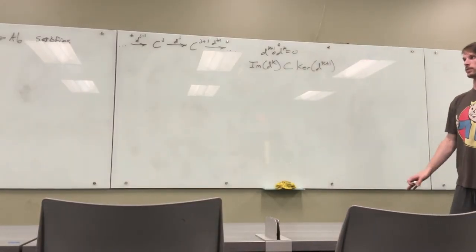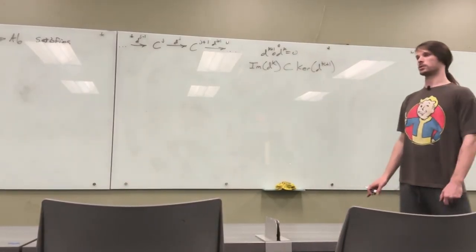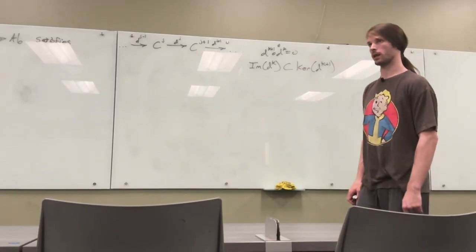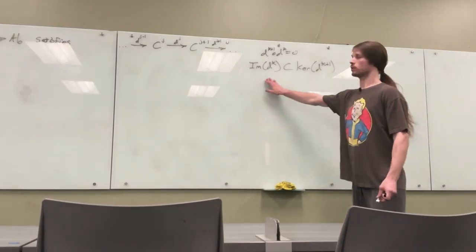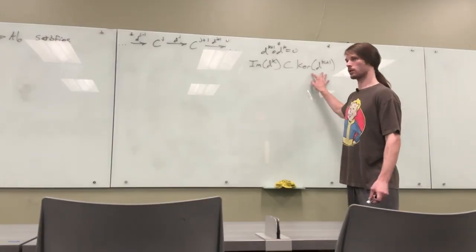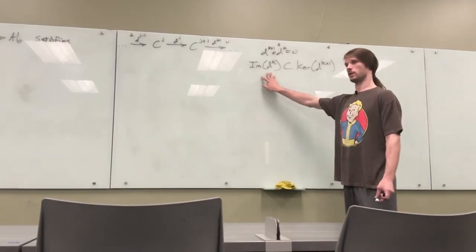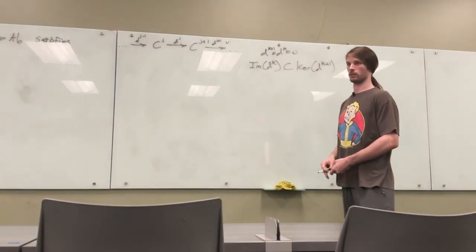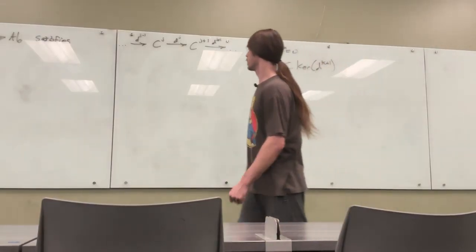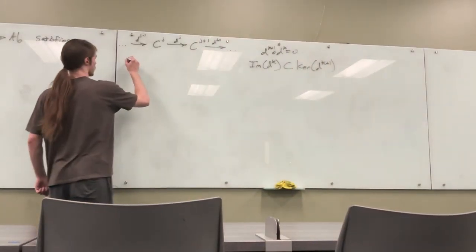Since, as we've defined it so far, all of these cochain and chain complexes take place in the category of abelian groups, that in particular means that we can always quotient this kernel by this image, because any subgroup is normal and hence something that we can derive quotients from. And so that is exactly what we do.